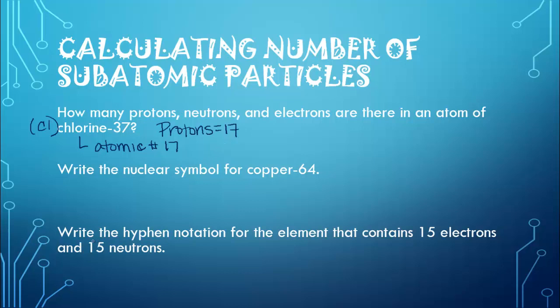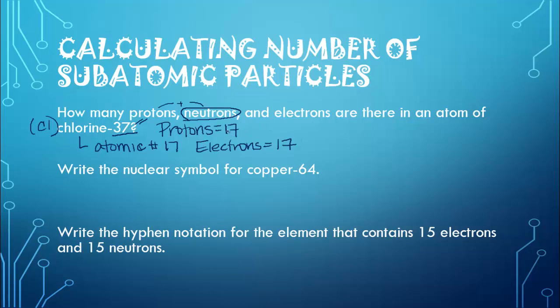Because we know the number of protons and number of electrons have to be equal, we can skip ahead to electrons and say our electrons also equal 17. Now to find our neutrons. Well, we know that 37 is our mass number. And 37 means we have protons plus our neutrons that equal 37.